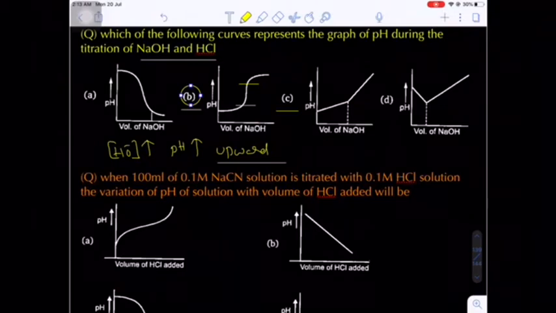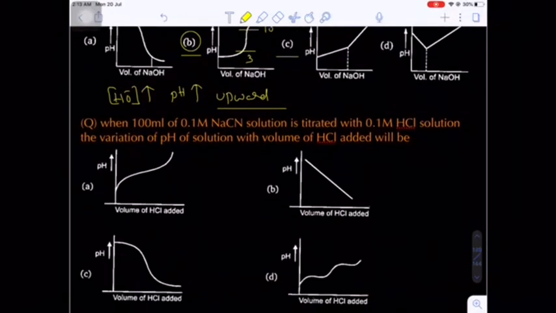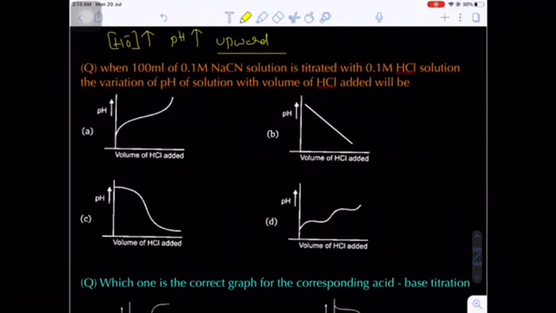So here the option is B. Initially the pH slightly increases. Now if you observe, in between almost 3 to 10 there is a sharp increase in the pH range, and that will be only in the titration of a strong acid and a strong base. Are you getting my point?